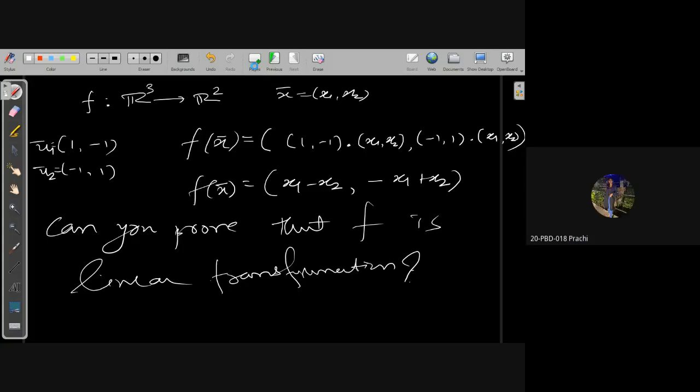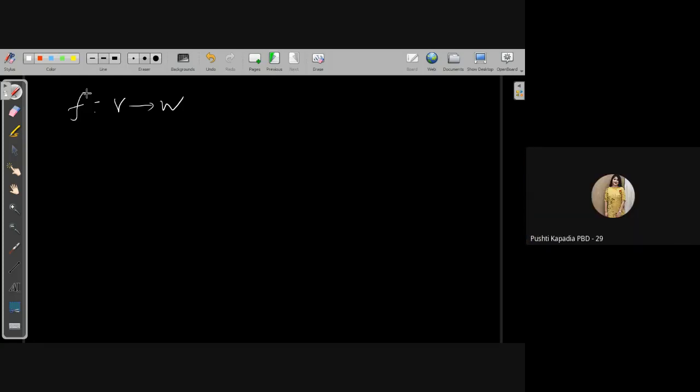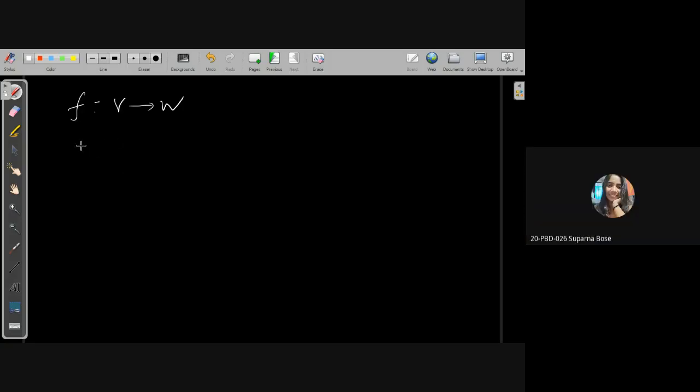Moving from one vector space to another vector space, then it satisfies certain properties. What are those properties? Then we can say that f is a linear map. Vector addition and scalar multiplication.